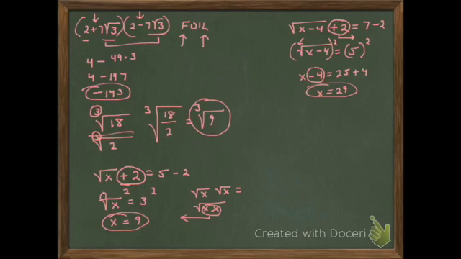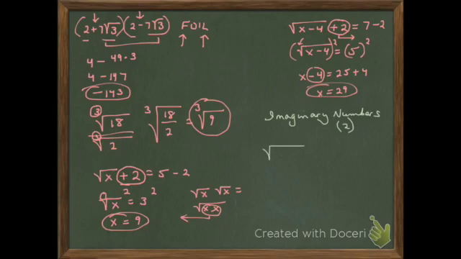Okay, next idea, imaginary numbers. By the way, I only have 2 problems with imaginary numbers. So if you find these difficult, that's okay, just skip it. But I will review.